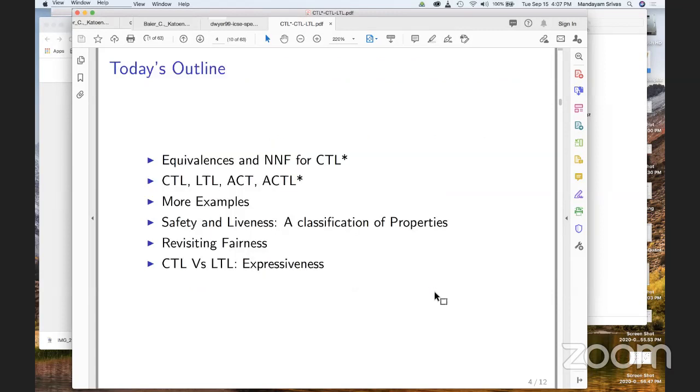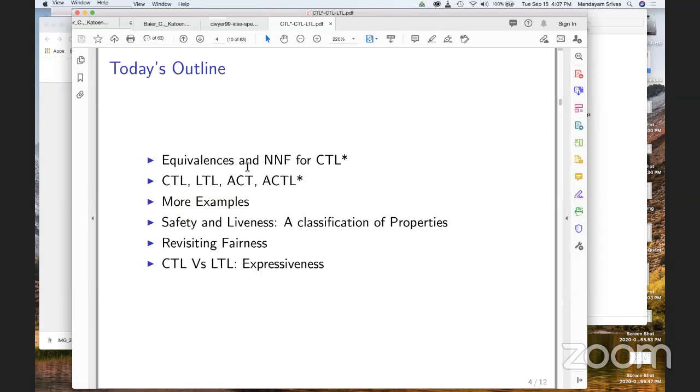So what I want to do today is this outline, though not exactly in this order. I will first introduce CTL and LTL as sublogics of CTL star. I'll quickly define that, and then spend some time looking at some toyish examples and some more complicated examples to warm you up.